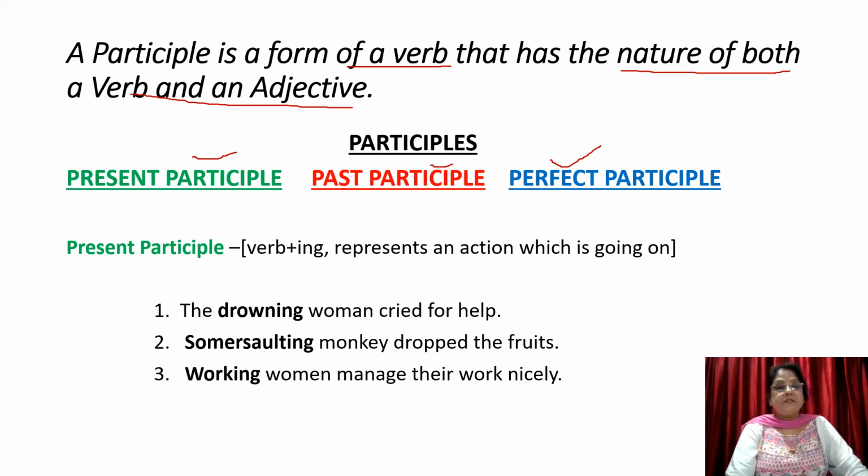Present participle is formed by adding ing to the first form of the verb, and it represents an action which is going on, or an action which is not complete. Okay, still continuing. That is present participle.